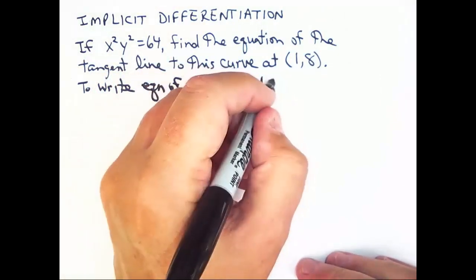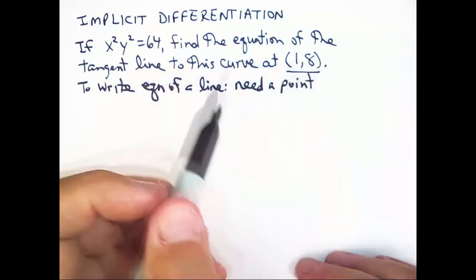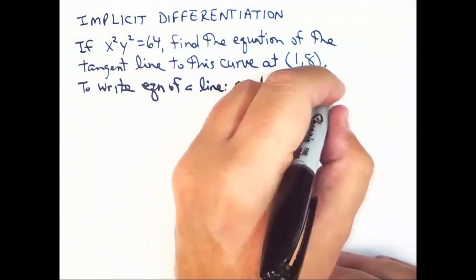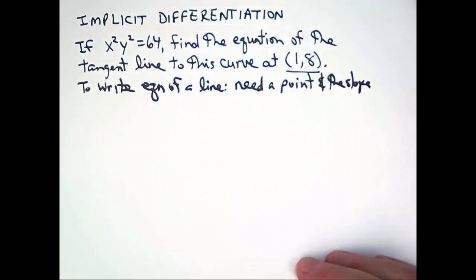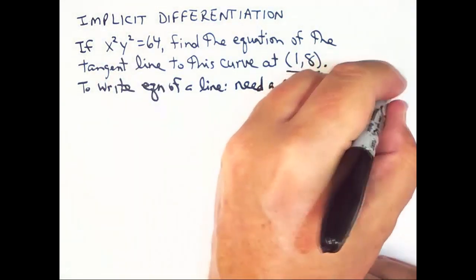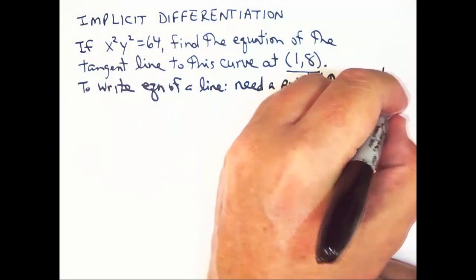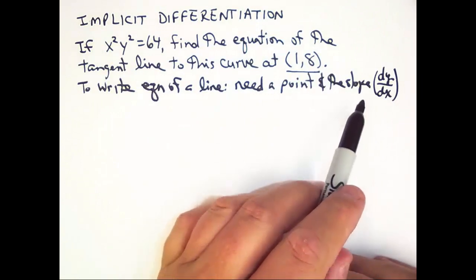You need a point, which we have, and the slope, which we don't have. But we can find the slope because the slope is the quantity dy over dx that we've been calculating. So all we need to do, once we realize that, is find the slope.